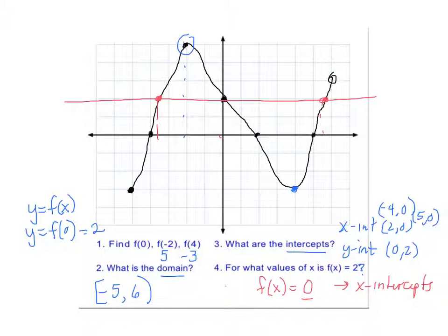So in other words, we're saying where are all the points where the y coordinate is 0. I could also have said this one. F of x equals negative 3. And there are 2 points for which that is true. So there are lots of other questions that we can ask about this graph, but here are 4. This will get you started, and then we'll do some more in class on this.